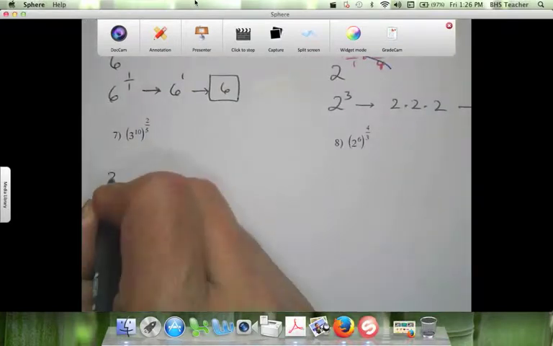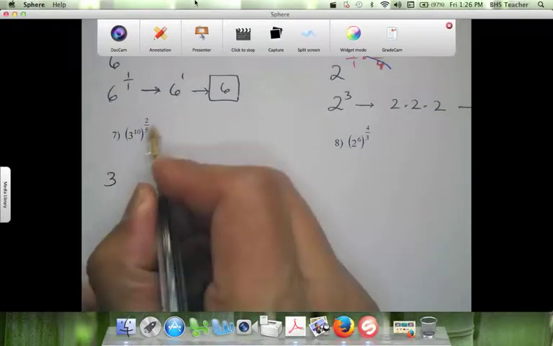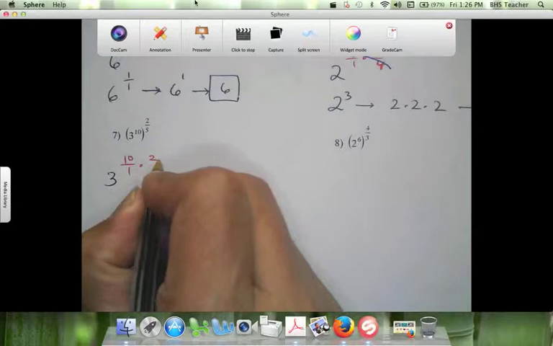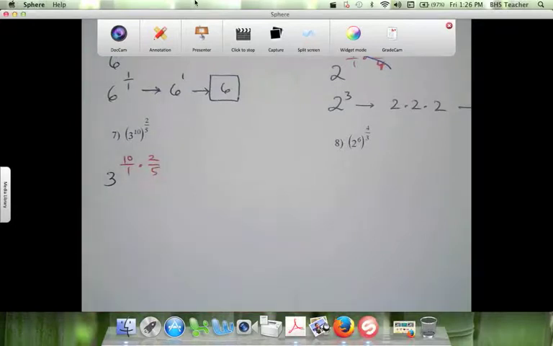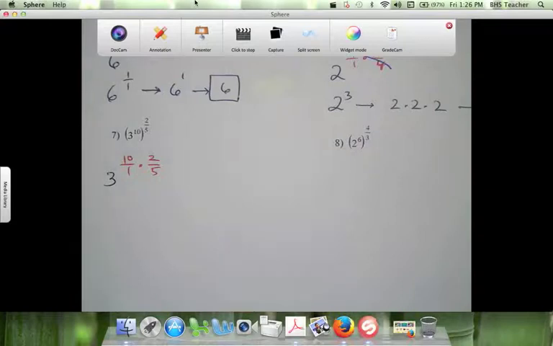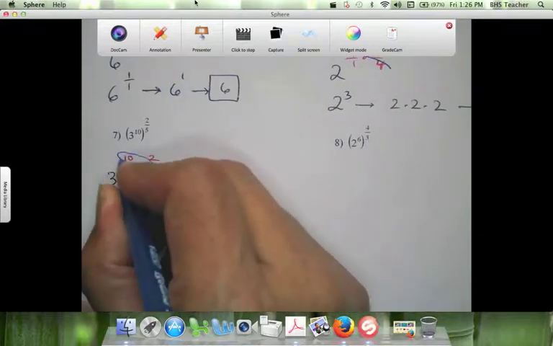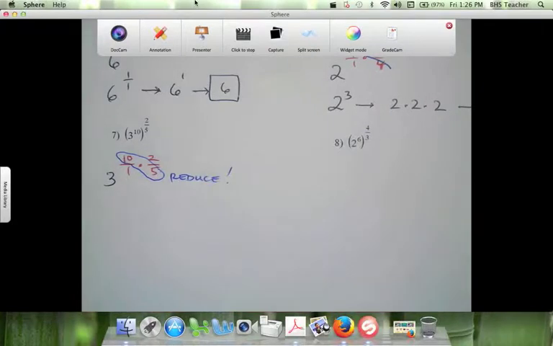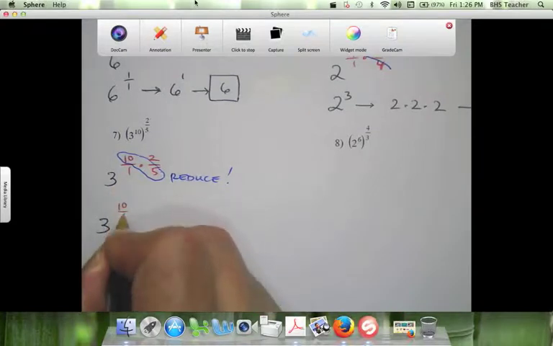Three, and again we have the power rule. 10 over 1 times 2 over 5. These will reduce. Look to reduce. So 3, 10 over 1 times 2 over 5.